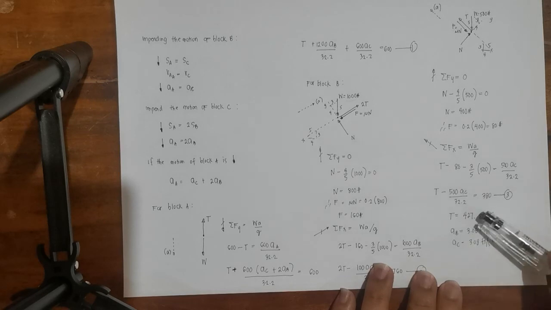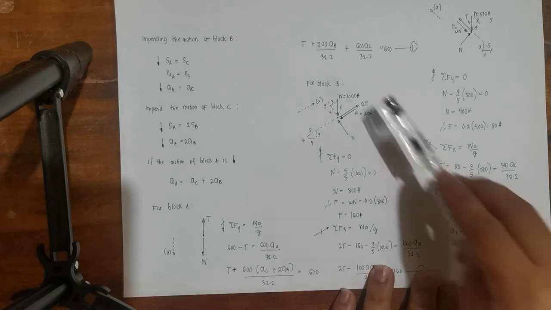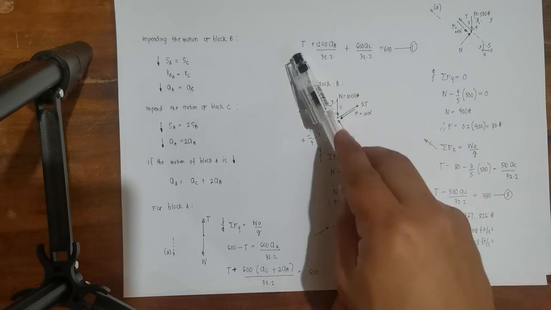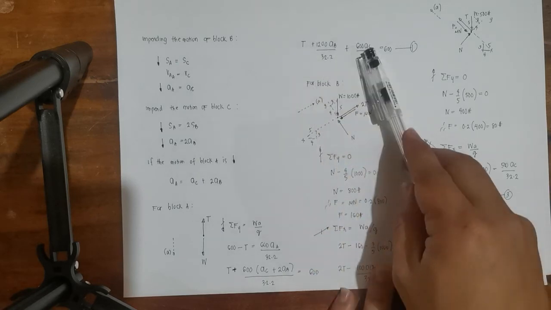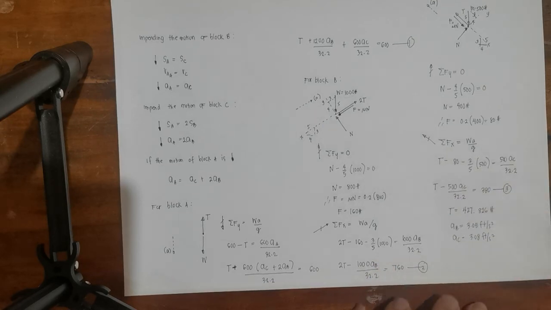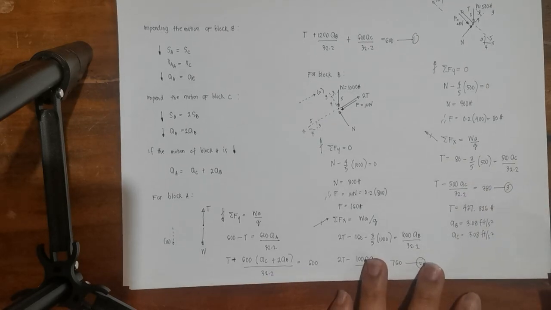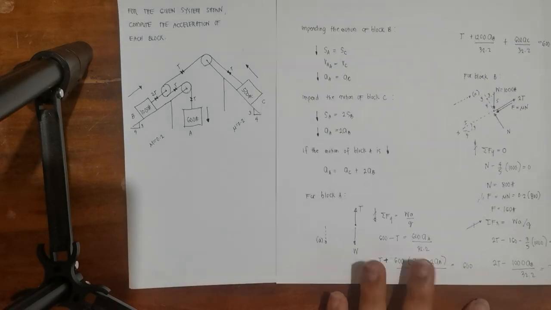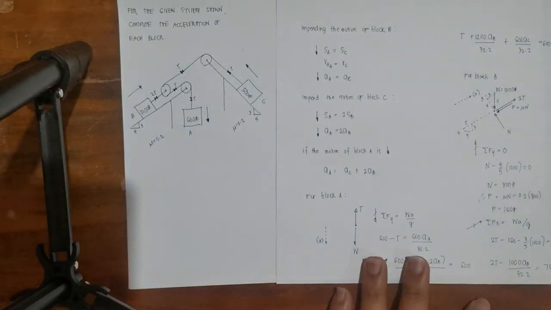Sa calculator nyo, X, Y, Z. Sunod-sunod lang po yun. Unknown X, unknown Y, unknown Z. Kung paano nyo po nagsunod-sunod yun, ganun din po sa ating calculator. So that will be our solution. But, tinatanong sa problem, acceleration of each block.